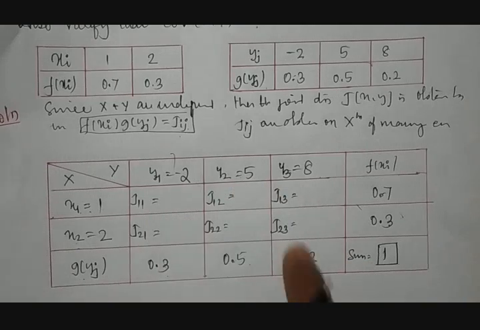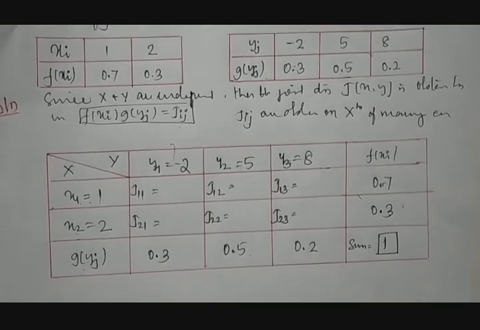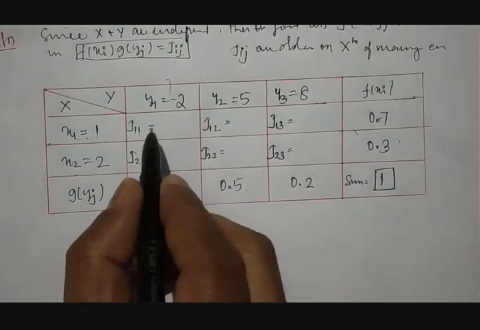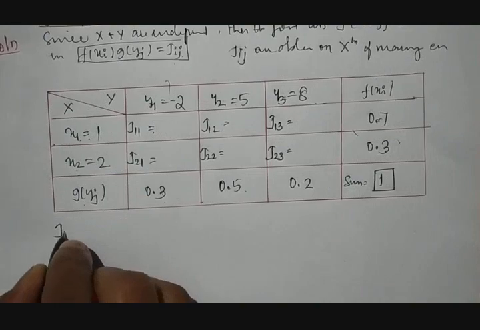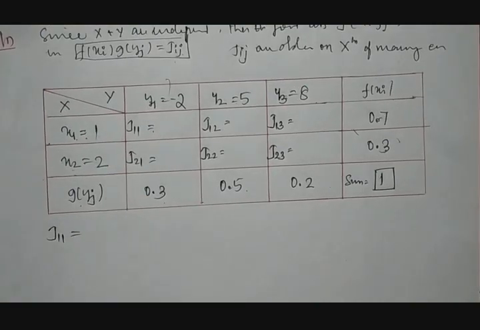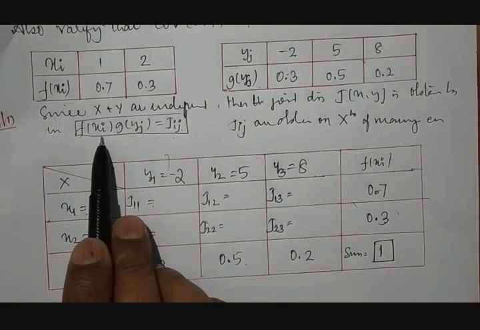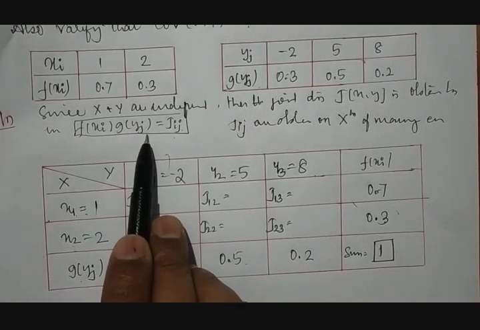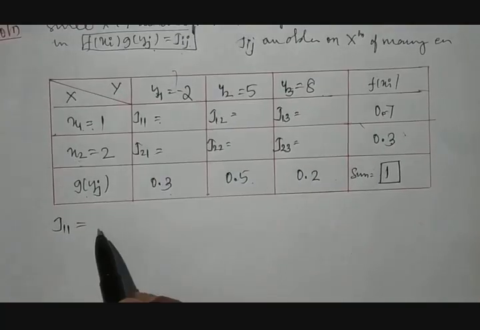But we don't know the elements, as per the example that has to be constructed. How will it be constructed? J11 is nothing but a product: f of xi into g of yj, the joint probability of ij. How do we get this?